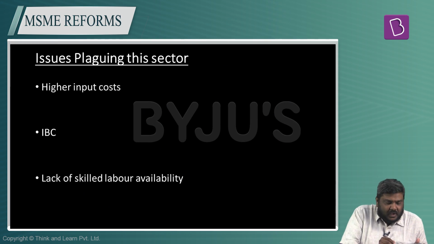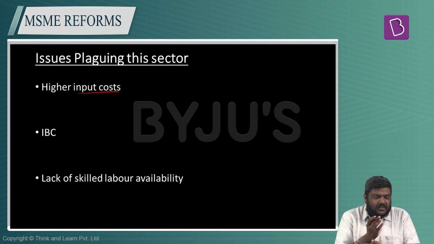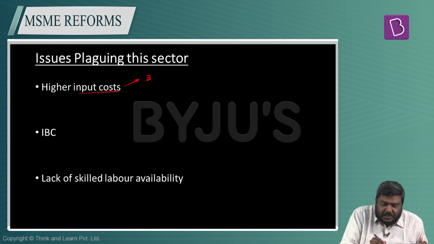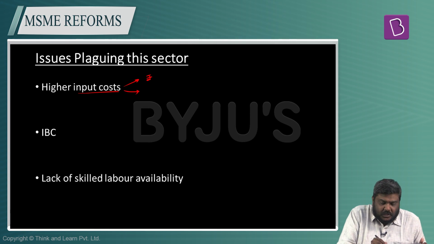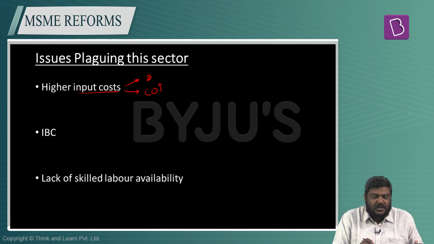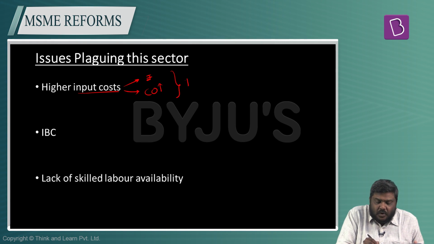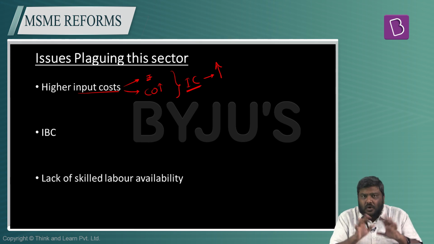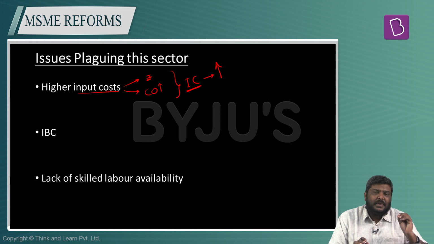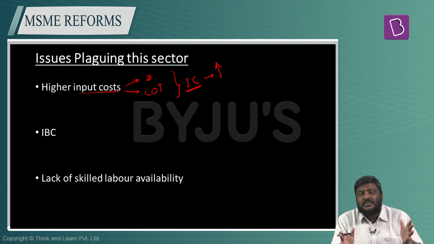Next issue is higher input cost. Very recently we have seen that the rupee has depreciated. The prices of crude oil have increased, as a result of which the input cost of the MSME sector has also increased. Not to forget the increase in the prices of electric supply, the increase in compliance cost, and so forth.